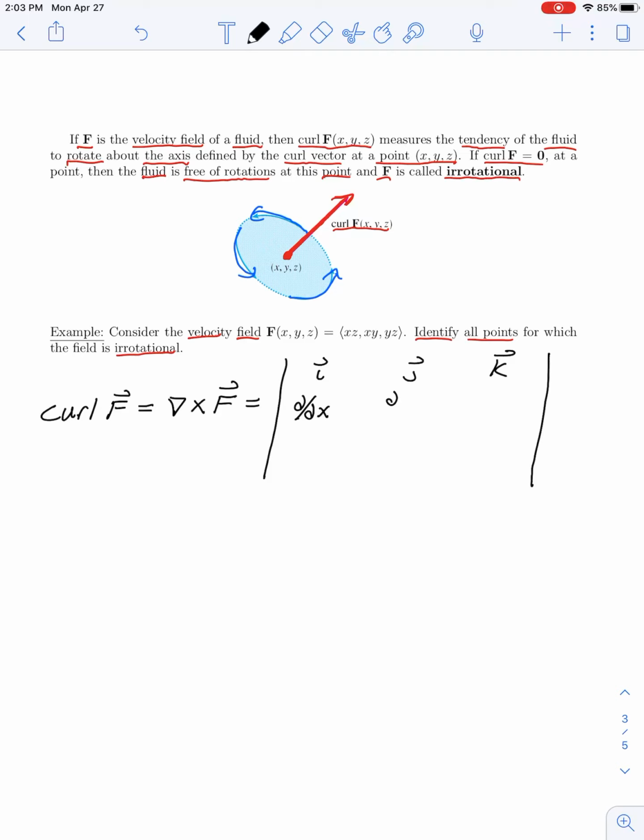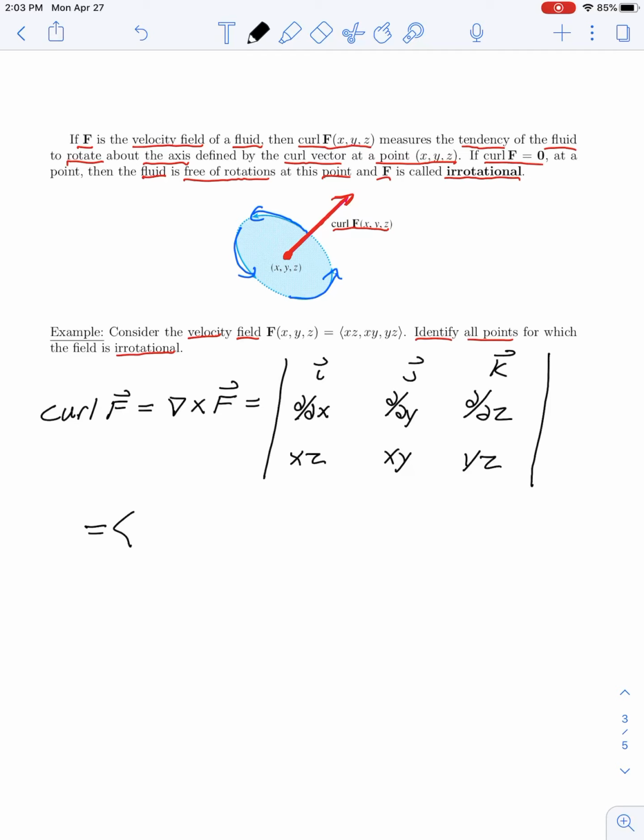So that was the partial derivative with respect to x, with respect to y, and with respect to z. And our last row for this matrix consists of the vector function f. So its component functions were x times z, x times y, and y times z. So let's see what we get for our curl vector.